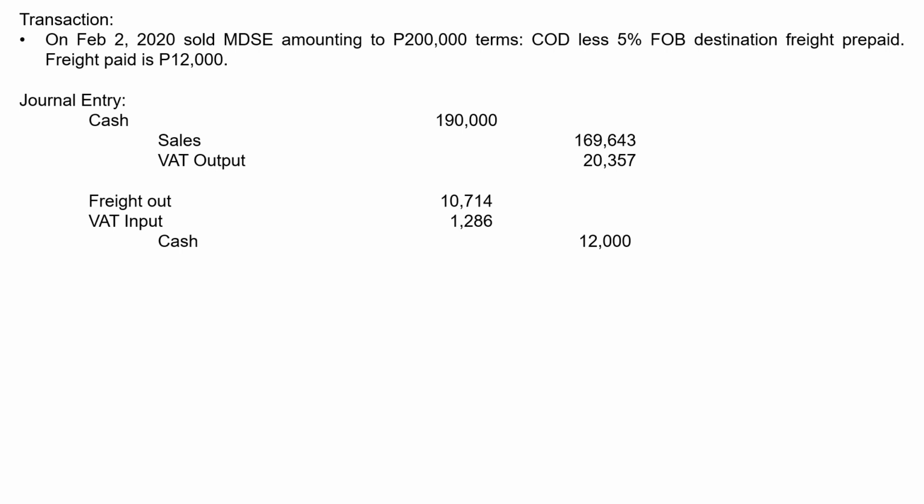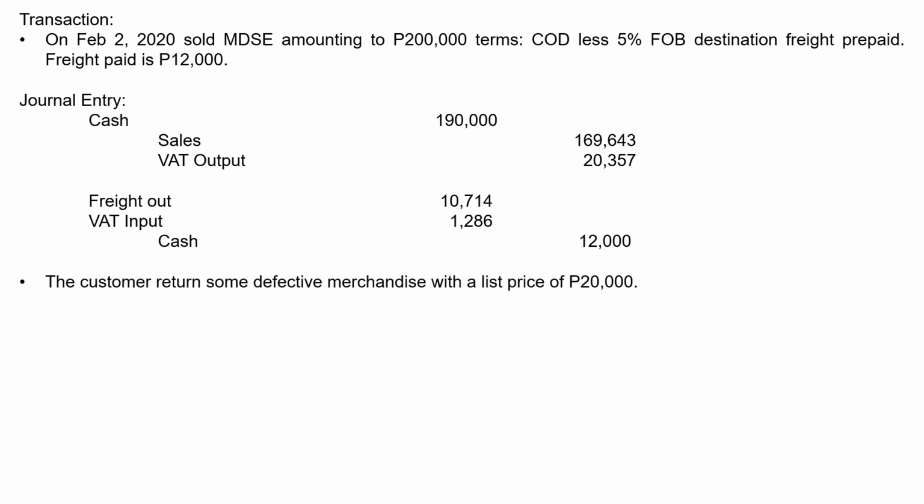So to get the VAT input and the freight out, 12,000 divided by 1.12, the amount is 10,714. So that is the freight out. And then 10,714 minus your 12,000, that's 1,286. That is the amount of your VAT input.